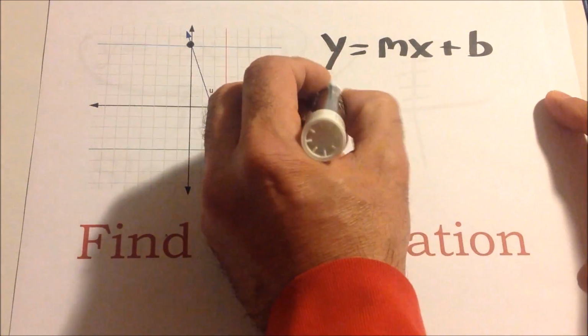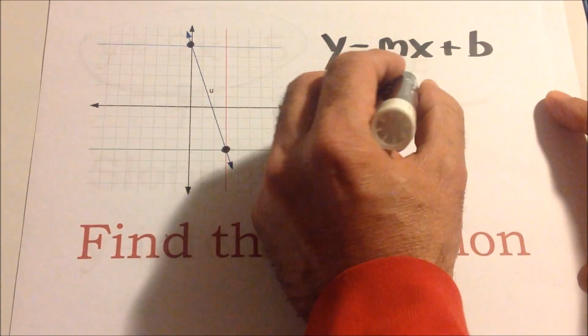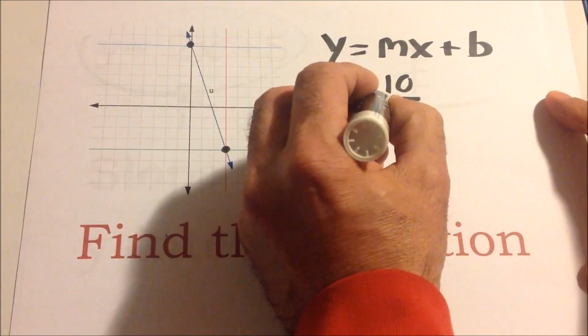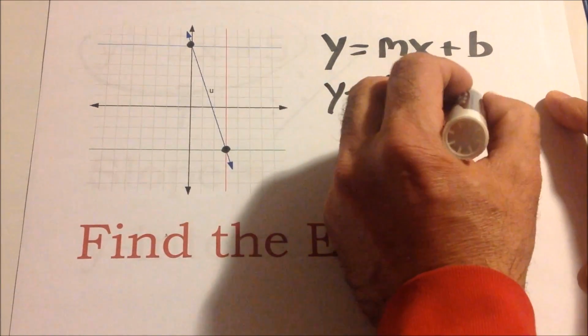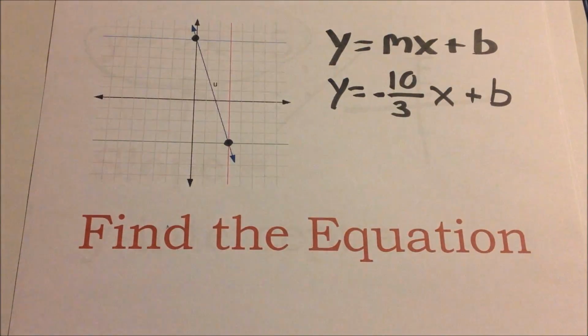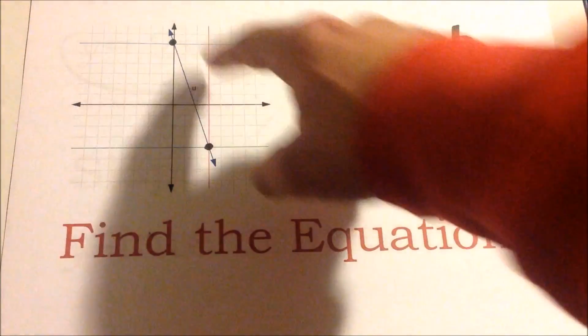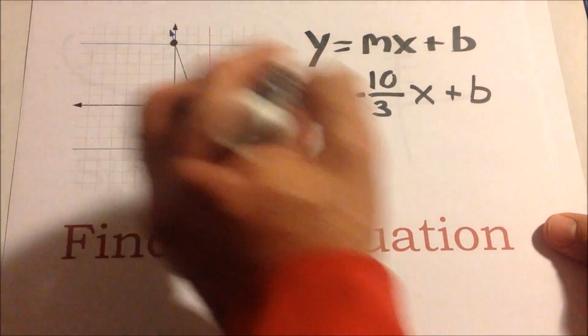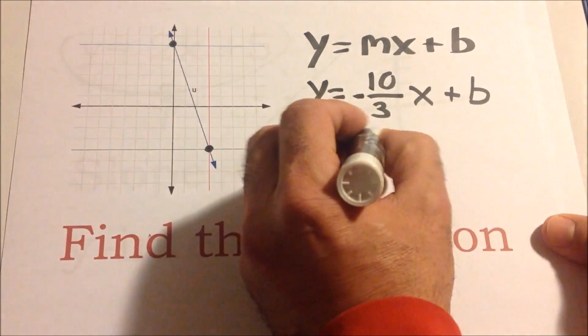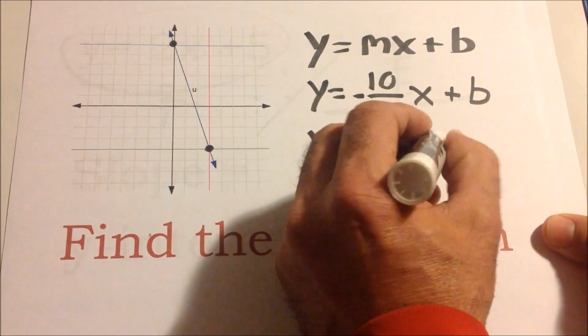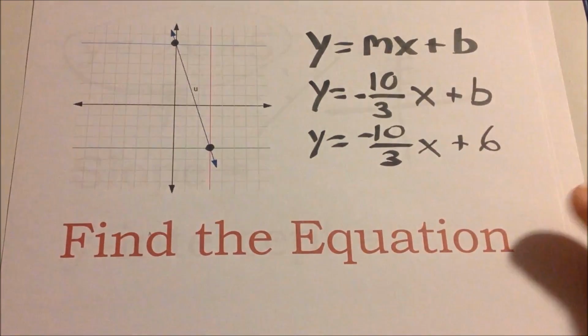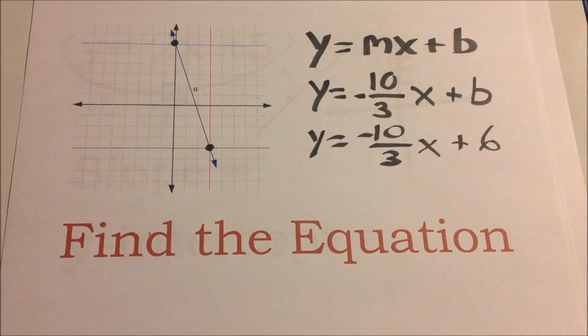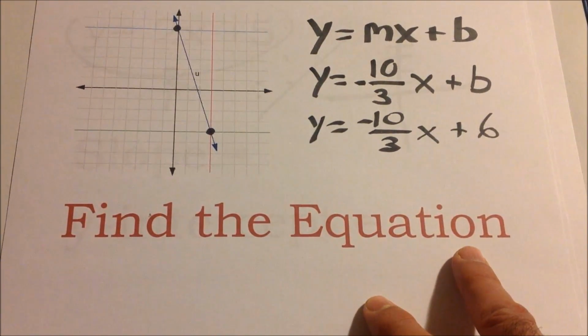We already know the slope, so y is going to equal 10 over negative 3, or negative 10 thirds, x plus b. And we already know what b is just by looking at the graph. It's crossing at 6. So again, we have negative 10 over 3 x plus 6. There's the equation. We just finished the equation.